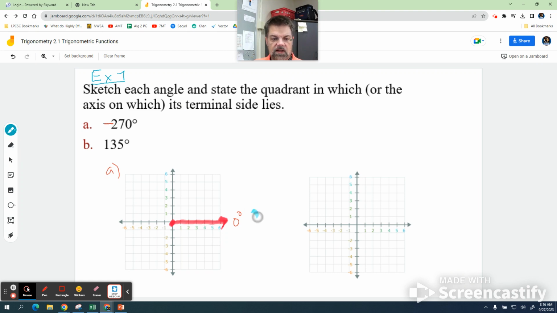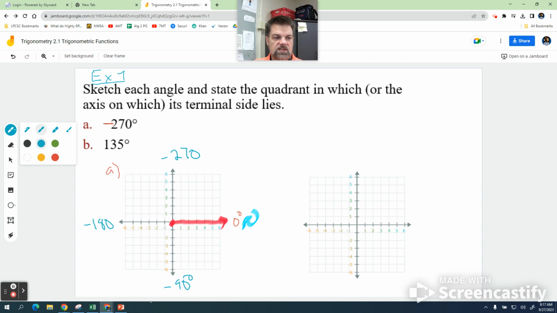Negative means I'm going to go this way, right? And how far do I go? Well, if this is 0, then this is negative 90 degrees, right? If I go another 90 degrees, this is negative 180 degrees, right? And if I go another 90 degrees, this is negative 270.